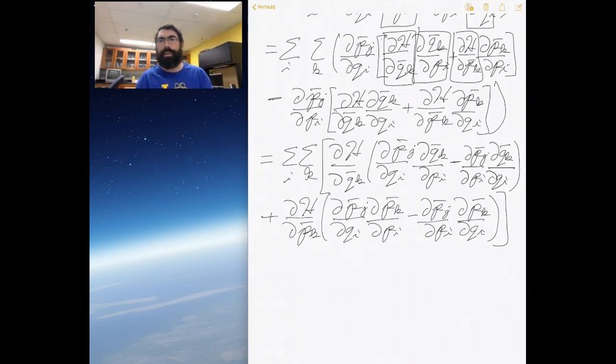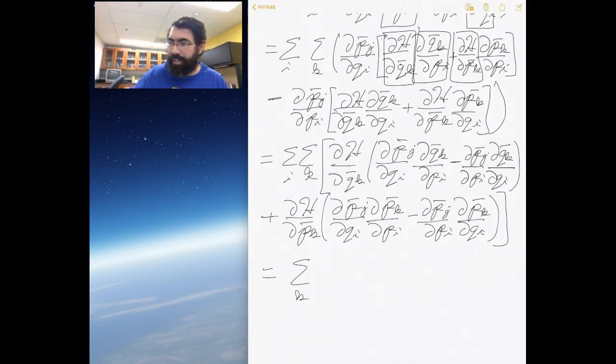Okay, so now if we take the sum over the index k, I'm sorry, the sum over the index i, because i is the one of those unbarred variables in the denominators.